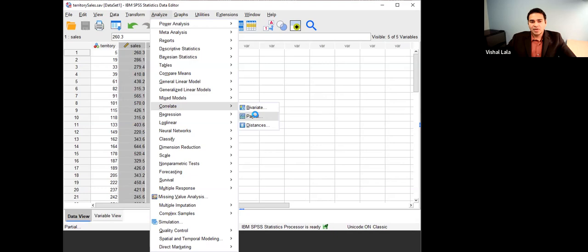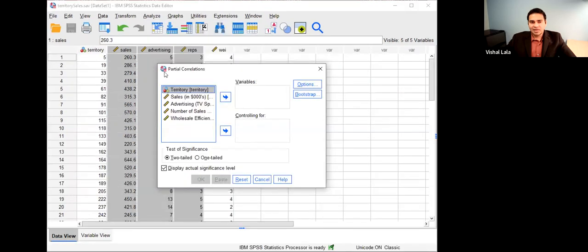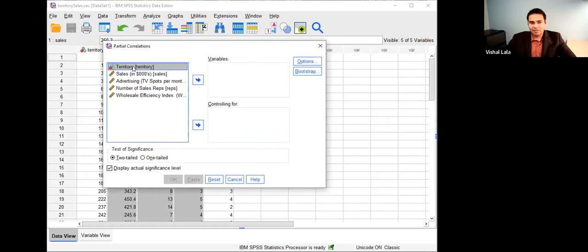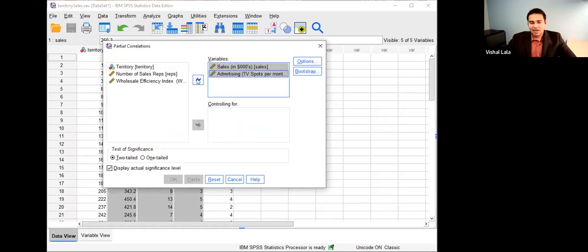Under partial, we can select the variables we want to link together. Here are sales and advertising. Then we'll select the variables we want to control for. We want to control for number of sales reps. Let's move that into the right and click OK.